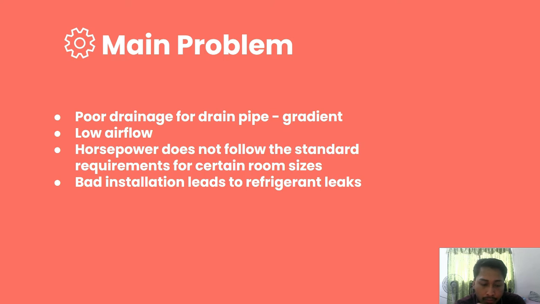And then the fourth point is bad installation leads to refrigerant leaks. Of course, the technician or installer also plays a big role to make sure that the copper pipe is not under pressure, and that they are installed properly.